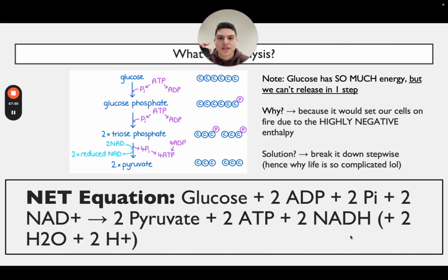The waters and protons aren't really that important for this. I just really want to emphasize the ATPs and NADHs. And we can break down glycolysis into 2 steps: the preparatory phase and then the payoff phase. I will go into that in depth, but just know that you can split glycolysis into 2 halves essentially, one where we put energy in, and then one where we take more energy out from breaking it down.